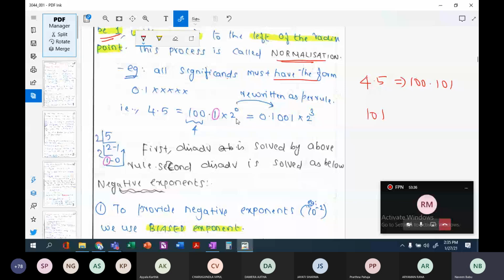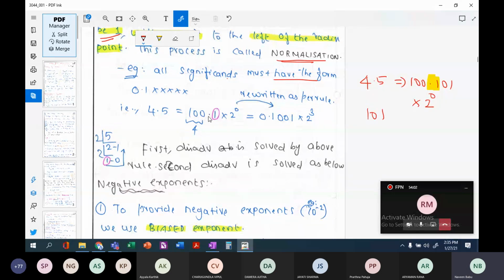Now, please note here that we are having 1 after the decimal point. So we have 100.1 multiplied by, and we don't need any powers, but still you need to represent the exponent value also. It is 2 power 0, right?